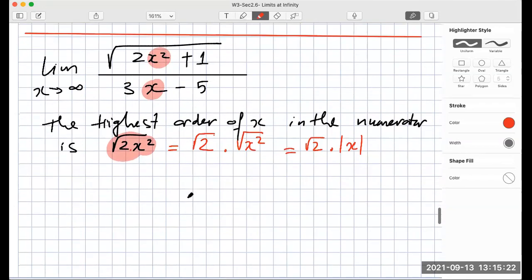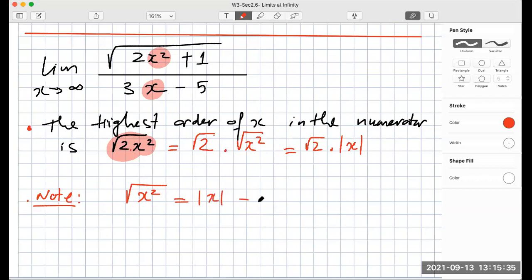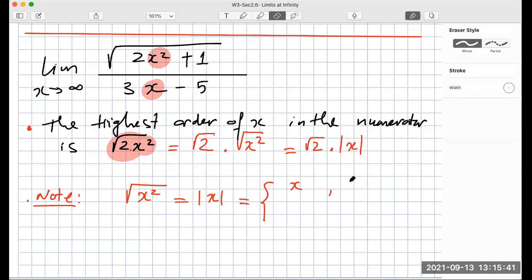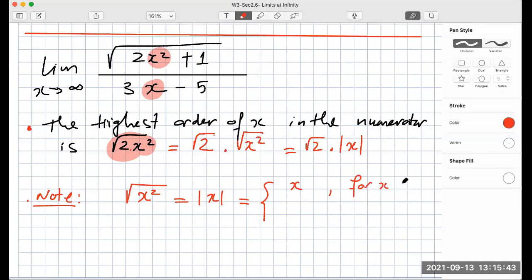Now, remember, again, square root of x squared is absolute value of x, or it will be x for what? Yes.